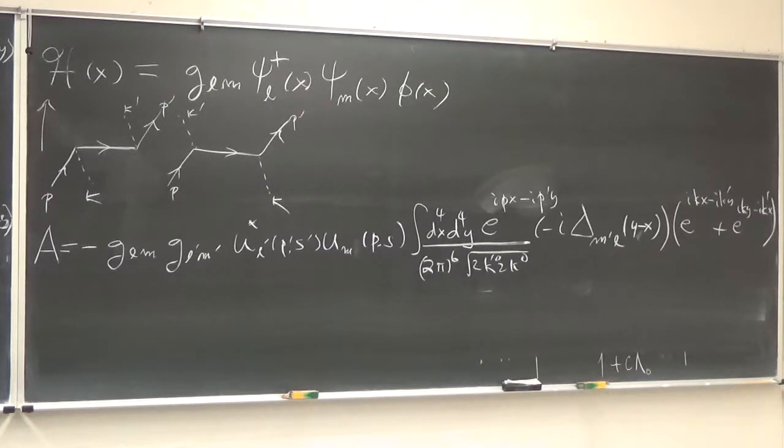But then when you do the Fourier transform, you get something that's localized in position space. And so that means the interaction is short range. On the other hand, if the mass is 0 or very light, then the interaction is long range.